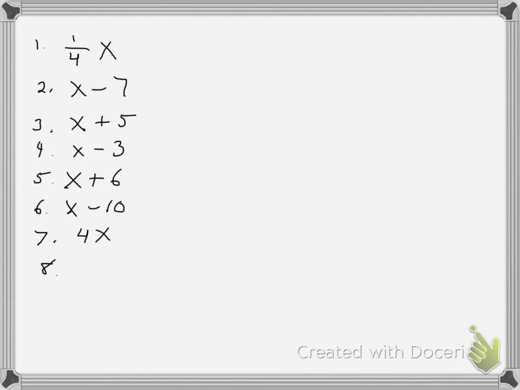30% of X. Okay, this is a good one. 30% of X. Change percent to fraction. Recall 30% means 30 out of 100 or 3 out of 10. Okay. So I could say it a lot of different ways.